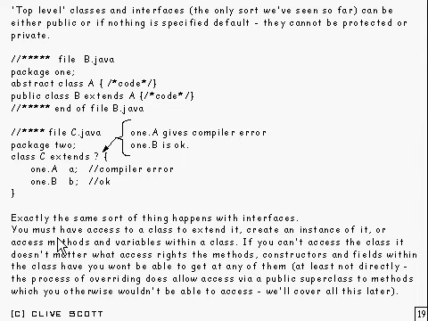You must have access to a class if you want to extend it, or create an instance of it, or access methods and variables within the class. And if you can't access the class, then it doesn't really matter what sort of access rights the methods, constructors and fields within the class have. You won't be able to get at any of them. And at least not directly.